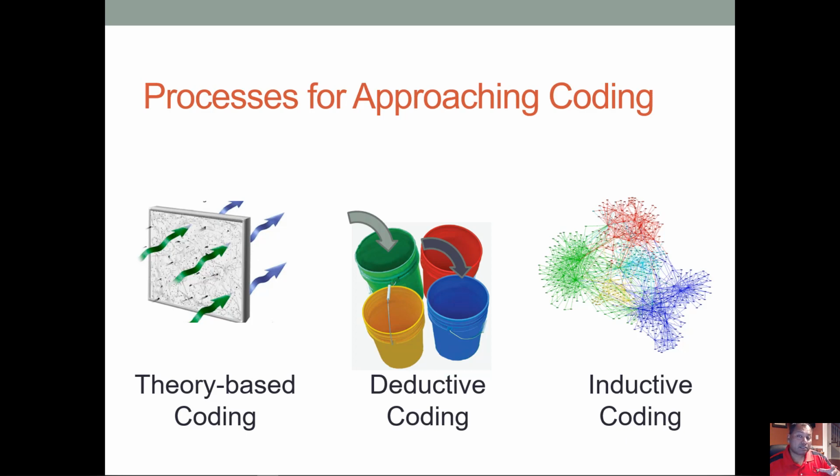Whereas the inductive coding, that is going to be more creating those categories with the data. So you are wanting to generate new theories based on the data. So in the image, for example, as you see, the green is going to generate from the networks of the other colors. And so thinking about subjects or topics, a topic is going to be generated based on what you hear from other focus groups or other people.